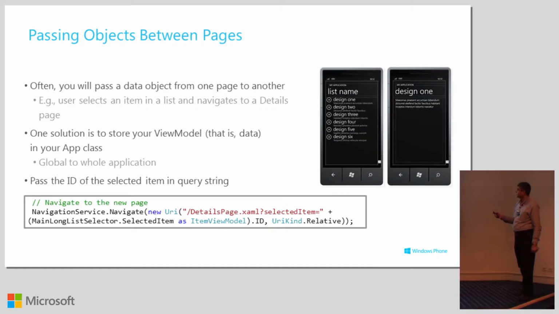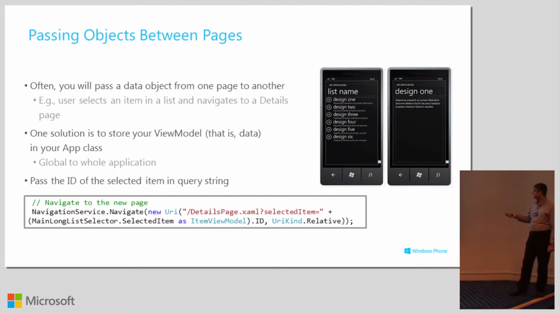So in this case, you want to pass the object from one page to the other. But instead of doing that, what you could do is tie that object to the app class itself. So it's a global object, and I'm just passing a reference to the object.